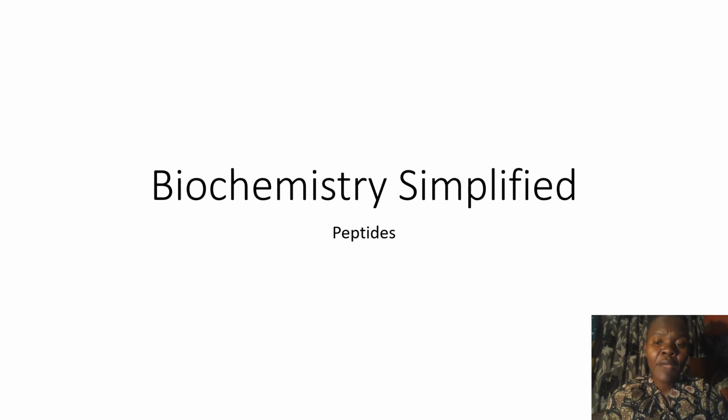So after diving into amino acids, I just have a short lecture on peptides. Just as we were talking about the glycosidic bond, which involves carbohydrates, a peptide bond is involved in proteins.